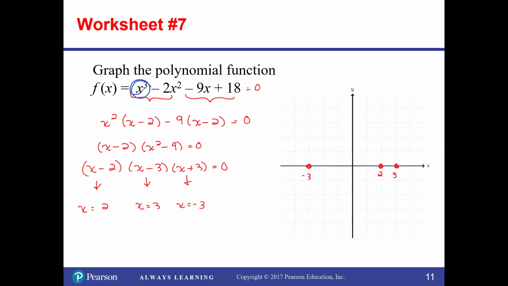So that is based off of this here. So what we're seeing is that we have a positive coefficient, because remember, it's just a 1 out here, and an odd power. So just like the last one, we know the long run behavior is going to look like that. So what we're going to do next is we're going to test those intervals.